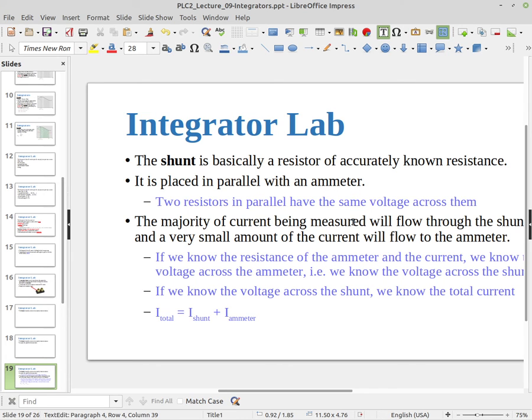If we know the resistance and we measure the current with an ammeter through the one resistor, then we'll have the voltage, and we can calculate the current through the shunt. And so the total current is going to be the current through the shunt plus the current going through the ammeter, because the ammeter is in parallel with the shunt. Remember, this is effectively Kirchhoff's current law.